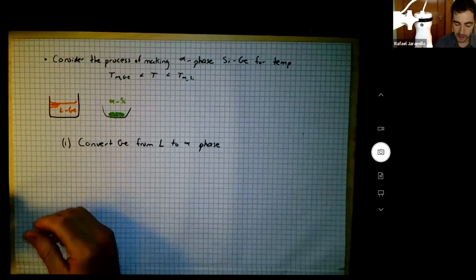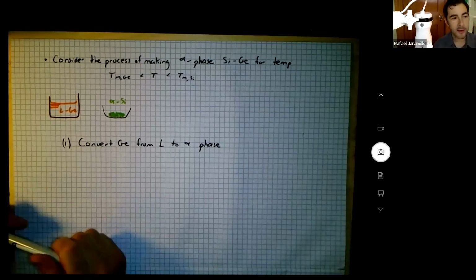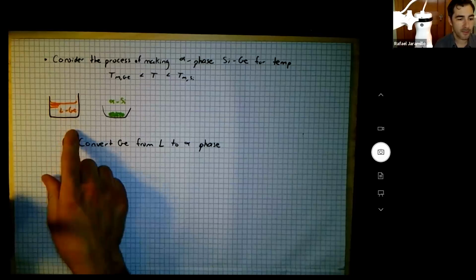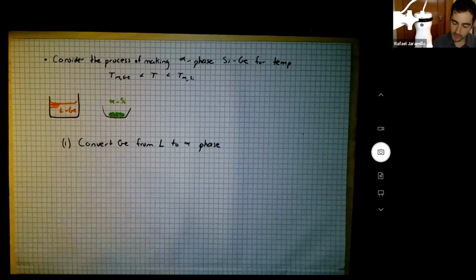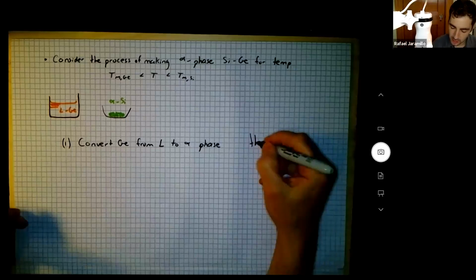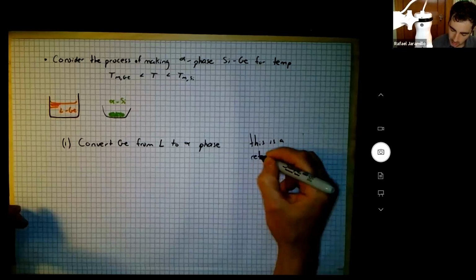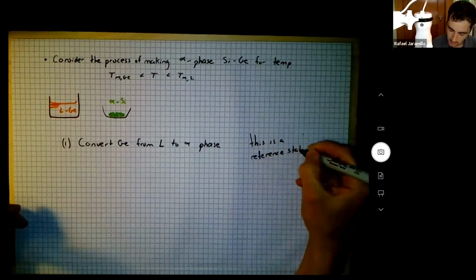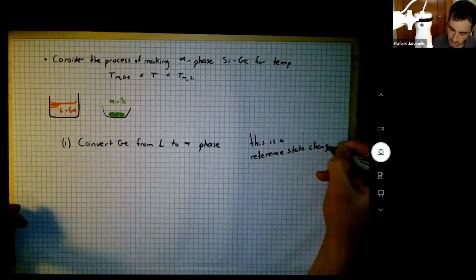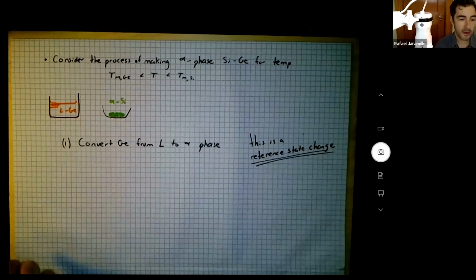In your mind, you're going to take some pair of atomic tweezers and pick up each and every atom, force it into the diamond cubic structure and hold them there. This is called a reference state change. Reference state change is sort of the topic of today's lecture.